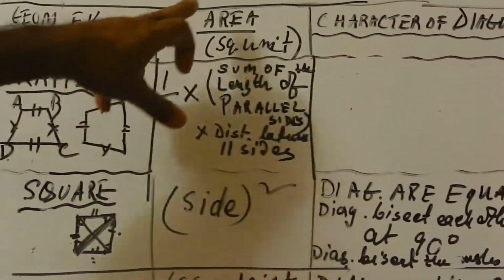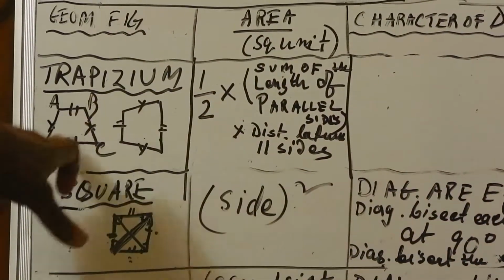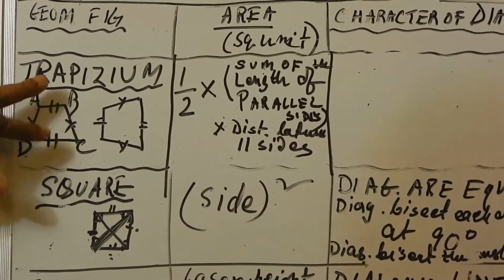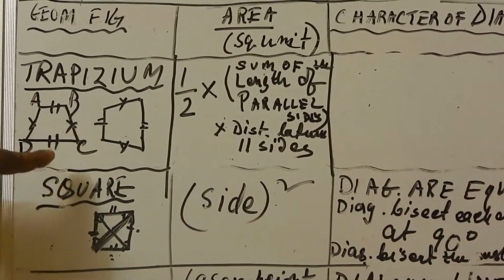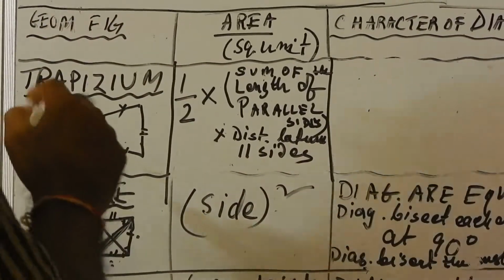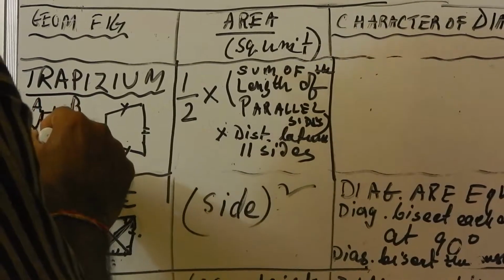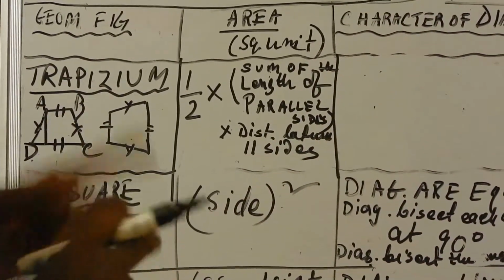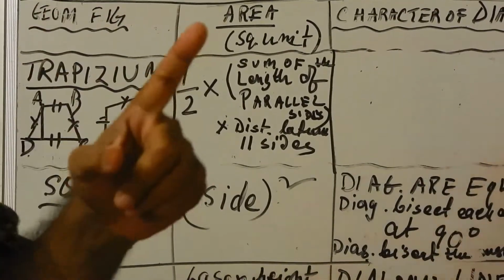So what I told, area for a trapezium is half into sum of the length of the parallel sides, that is AB plus DC, into the distance between the parallel sides. As you know, between two parallel sides the distance is always a perpendicular.